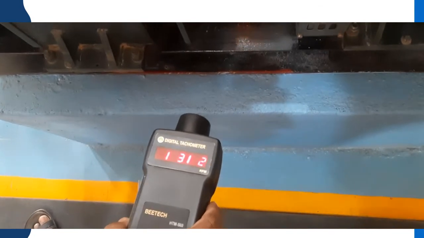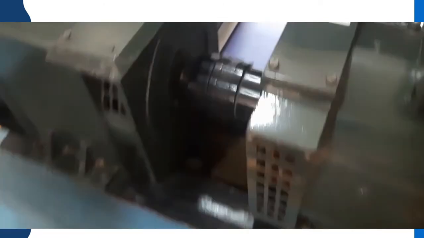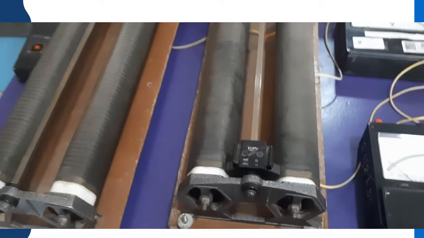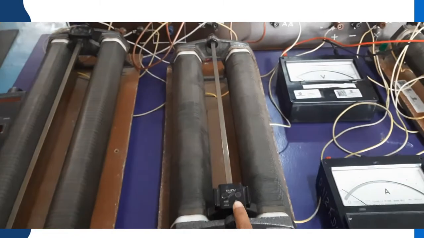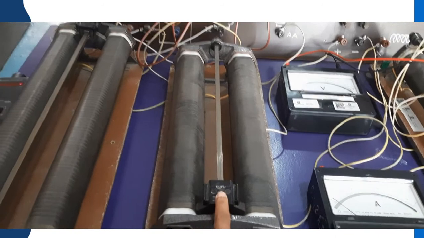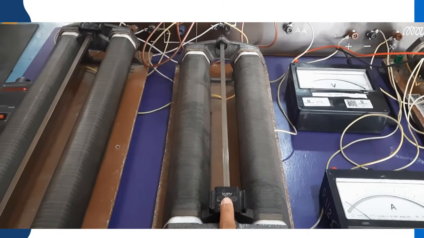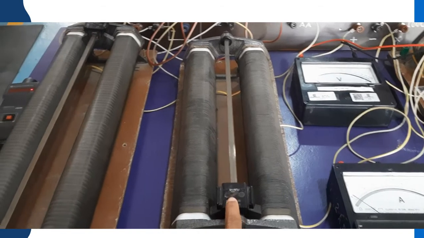We have to set this speed to 1500 because the rated RPM of the machine is 1500. Initially we kept the armature with the external resistance, and this external resistance is in cutout position, mainly in order to reduce the armature current.